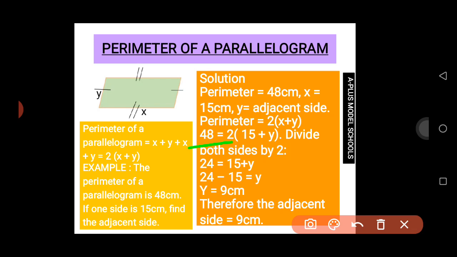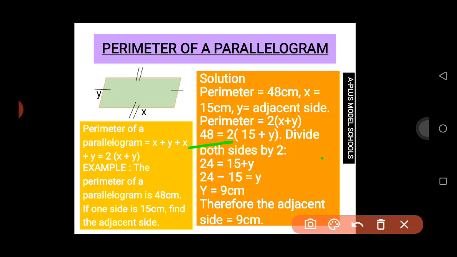Then open the bracket by 2, that is 2 times 15. Or divide both sides by 2. And if you like, you can first open the brackets. If you divide both sides by 2, 48 divided by 2 will give you 24.